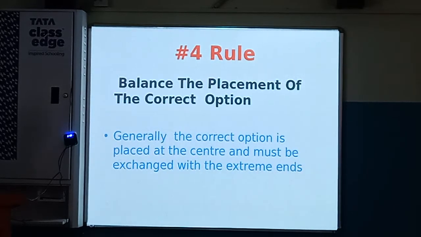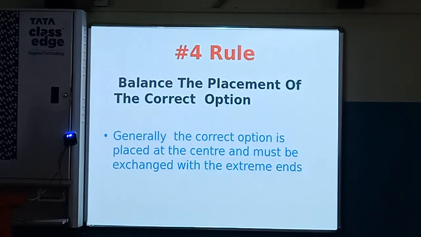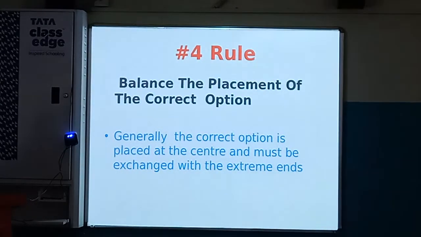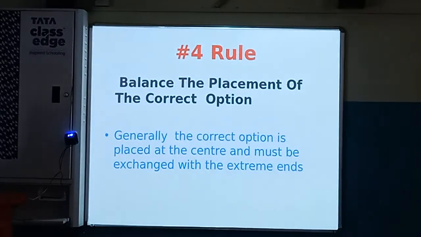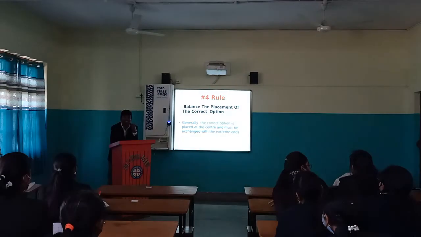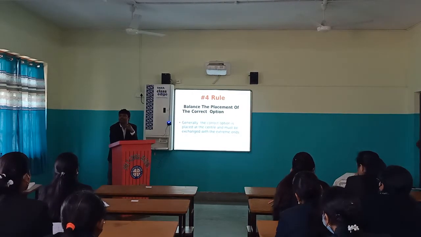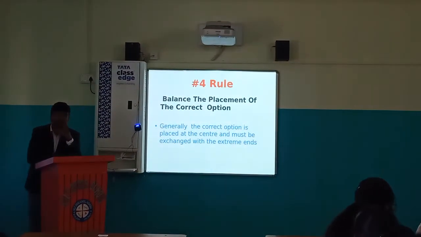Next rule: balance the placement of the correct option. Now when we are giving the correct options, what happens? Suppose we are framing 50 questions, and when you check the answers, you find that some have an inclination towards a particular option, like A, B, C or D. Out of 50 questions, 15 or 20 questions have the same option, like option C. Now what will happen?